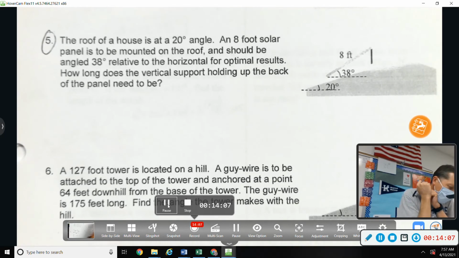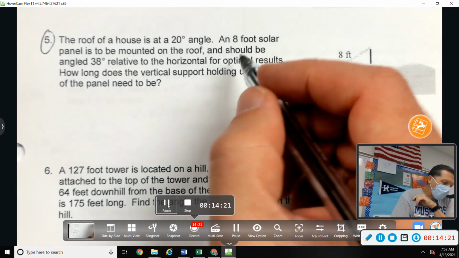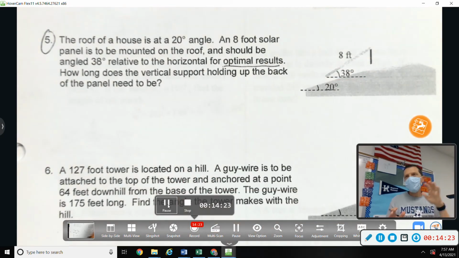The roof of a house is at a 20-degree angle. An 8-foot solar panel is to be mounted on the roof and should be angled at 38 degrees relative to the horizontal for optimal results. So for whatever reason about where the sun is and where you are, on the Earth's latitude, how do you need to position your solar panel to get the maximum sun?